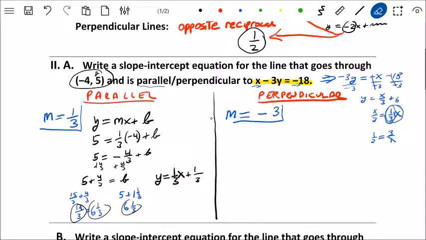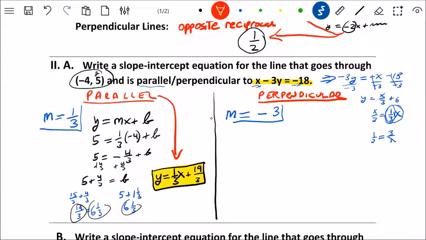And my personal preference is usually to keep a fraction as an improper number because it's more useful in calculating in problems to do that. So this is the equation if you are looking for parallel lines. So that line is parallel to this one.